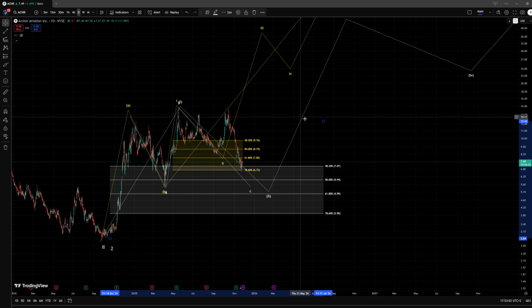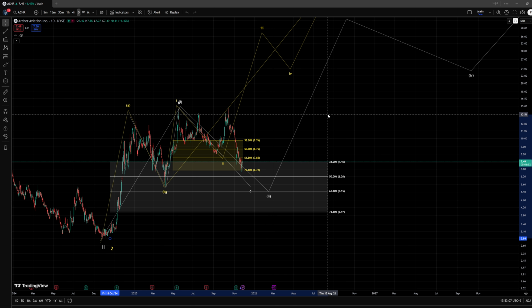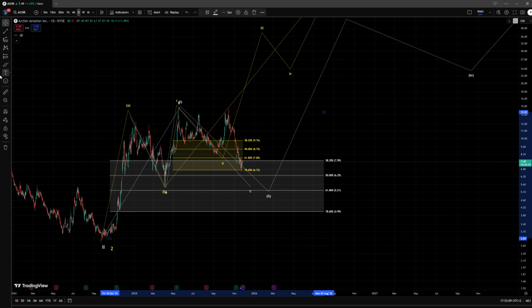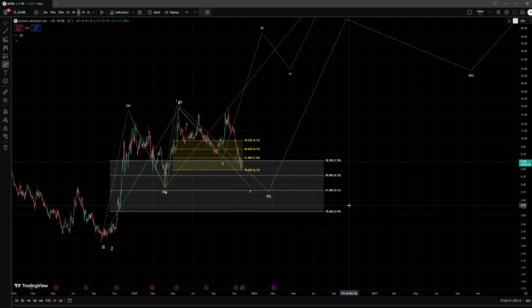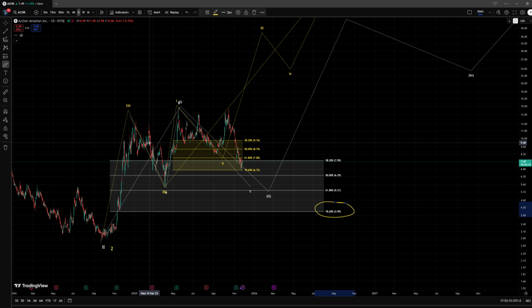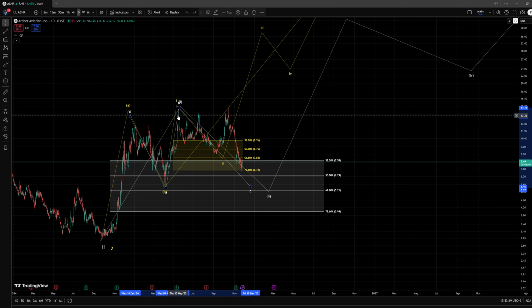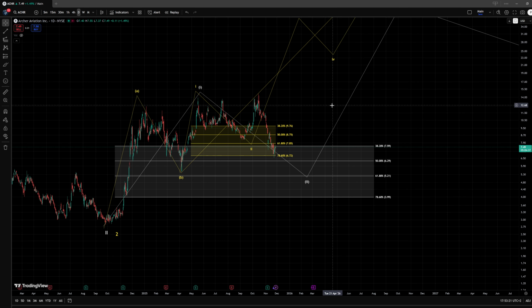Now, not much is changing in terms of support. We would only shift it slightly higher between the $70.6 level all the way down to the $4 level at the 78.6% retracement.